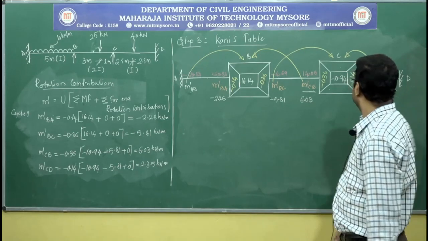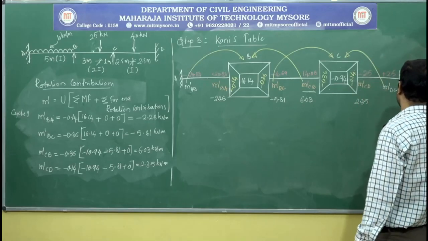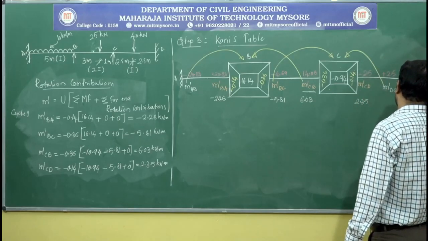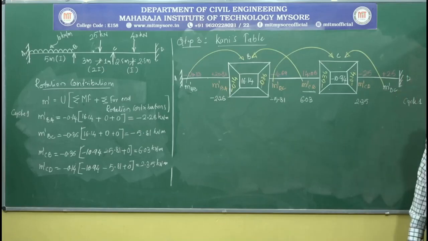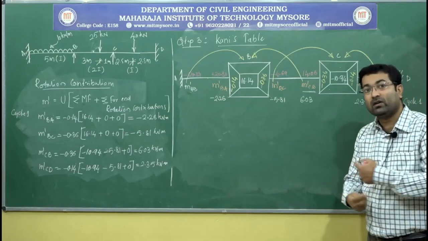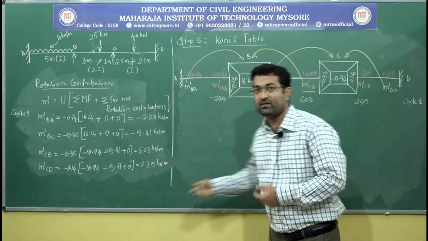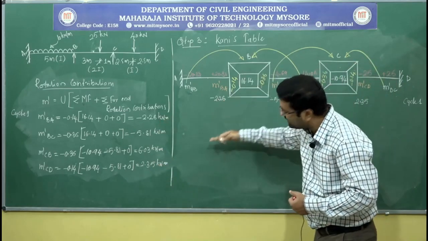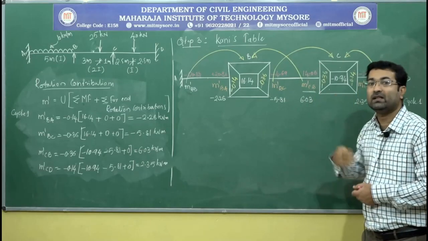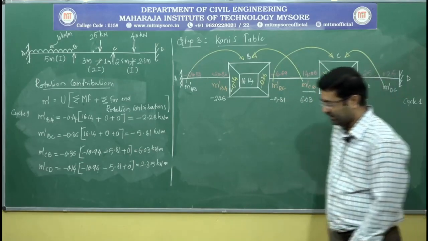So this completes one cycle, cycle 1 value. Now similarly we need to keep on repeating all 4 calculations until we have the same iteration values in the next cycle also.